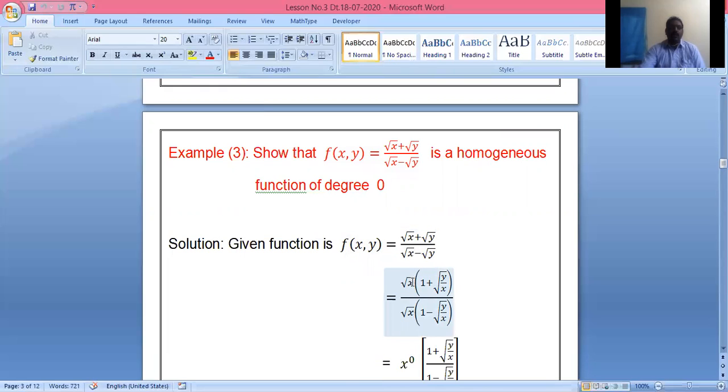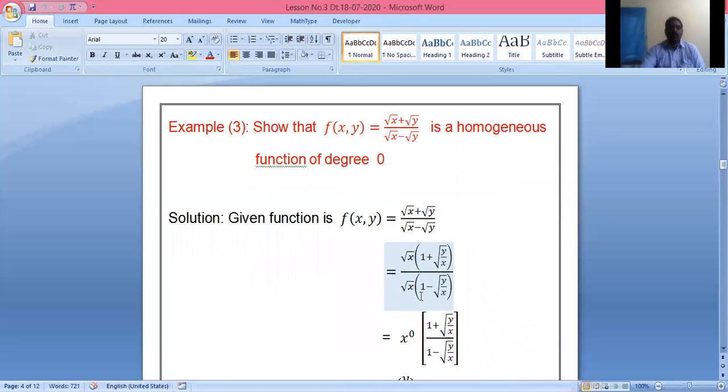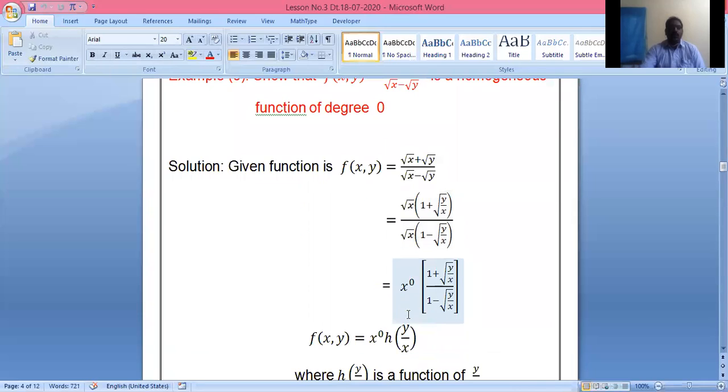If we take root x from the numerator, we get root x into 1 plus under root of y by x. Similarly, taking root x from the denominator, we get root x into 1 minus root of y by x. By cancelling root x, we get x power 0 into 1 plus under root of y by x by 1 minus under root of y by x.